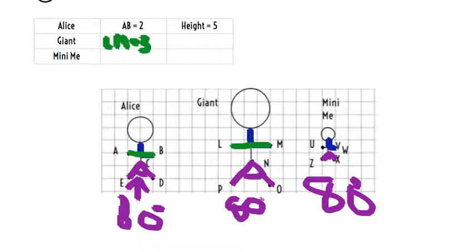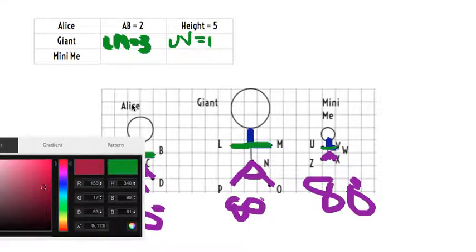And then over in Mini-Me, UV is equal to 1. How about height now?